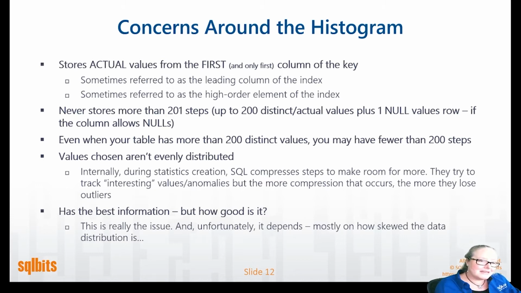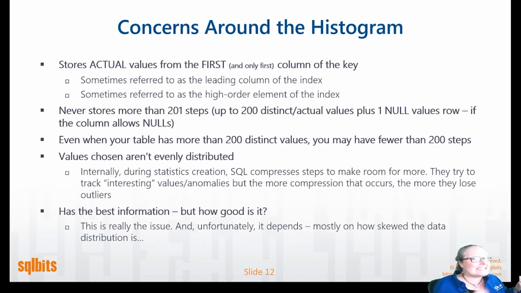When your data is nice and evenly distributed, a histogram doesn't have to store every value to get good information about your data. But the more skewed that data set is, the harder it is for SQL Server to store 200 values and know what the data looks like between every one of those values.